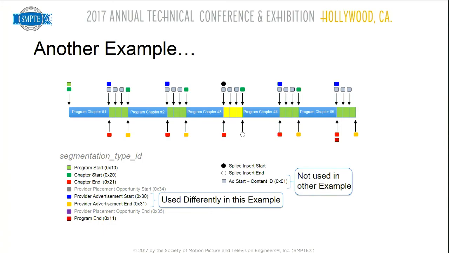And that is because these two broadcasters interpret a provider placement advertisement start signal as the start of the ad, and the other one interprets it to mean the start of the ad break. So as you can see, there's a little bit of confusion there if you're the distributor trying to interpret what that means.